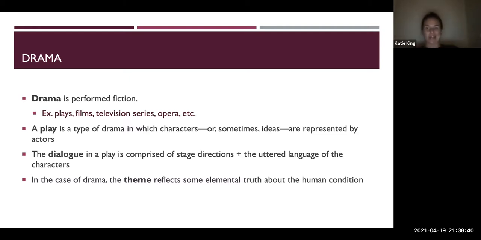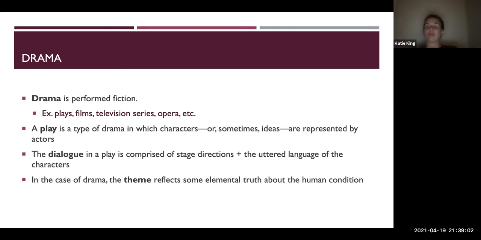We're talking about language. And so for the most part, characters in plays have some sort of verbal communication. Again, not always, but for the most part, right? It's that dialogue, that text, those words that they say to one another.